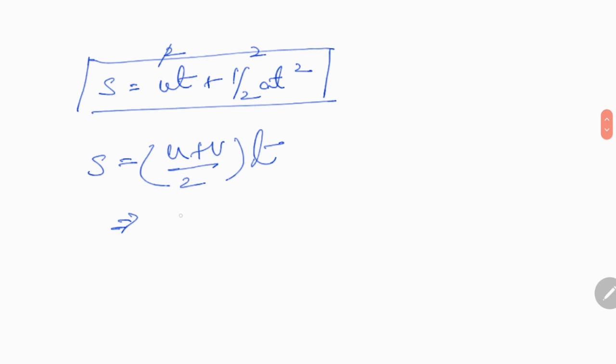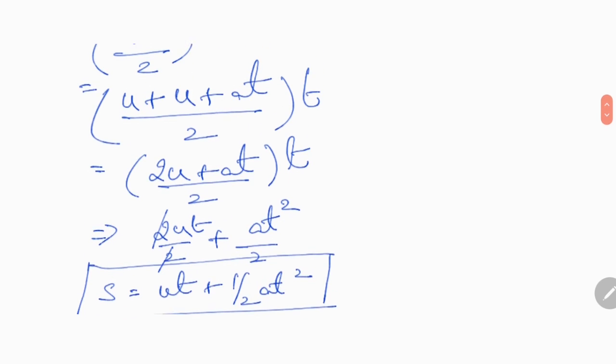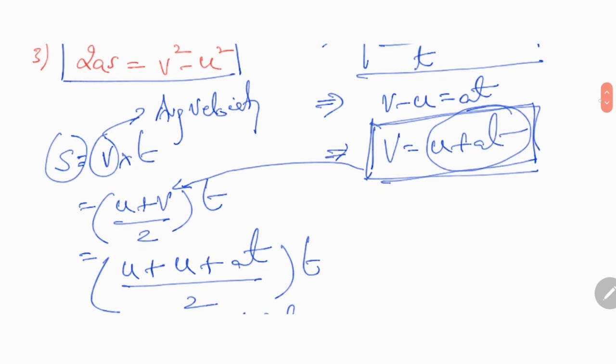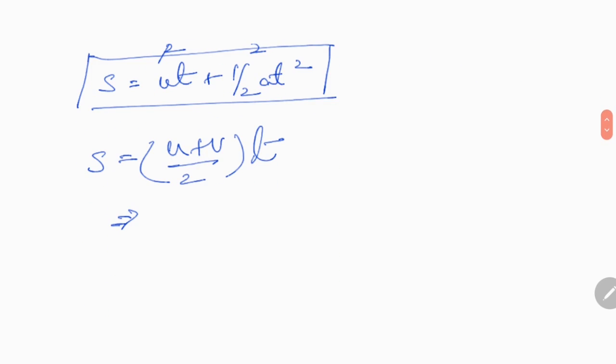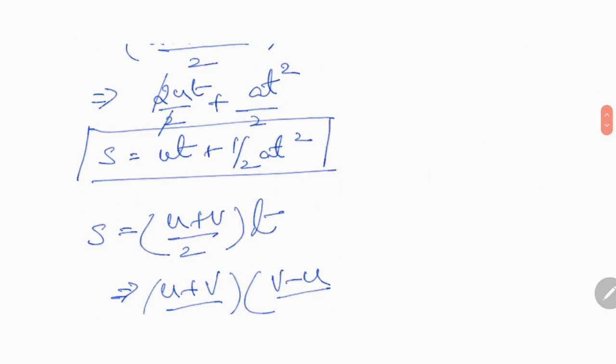So let's further substitute the values, and we know from our earlier equation that t is also equal to v minus u by a, right? v minus u by a. So we can substitute this here. Therefore, into v minus u by a, right?